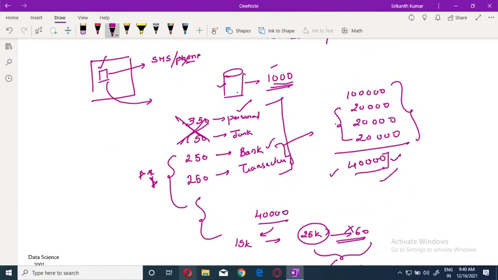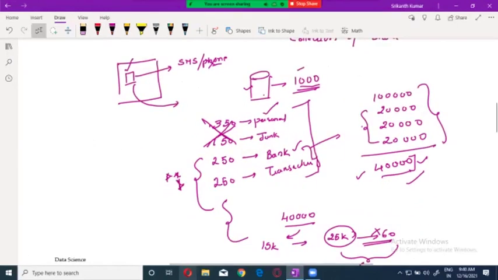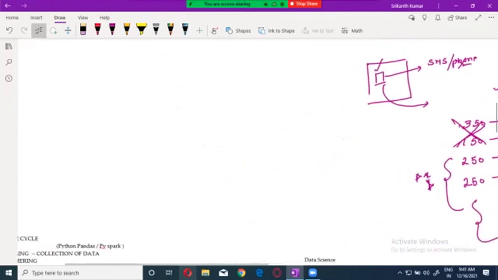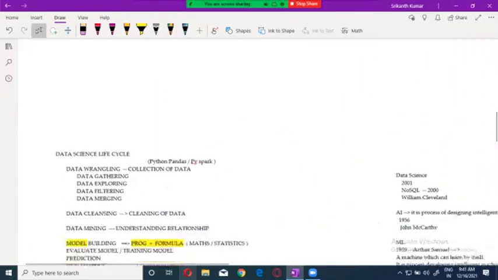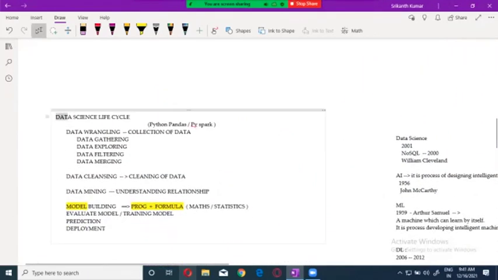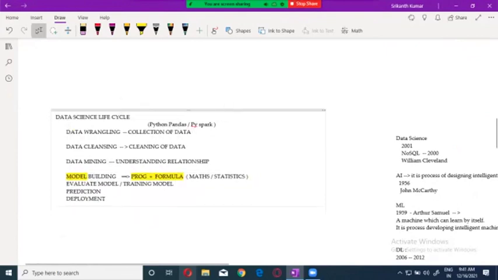This is the process we talked about, and I connected this one to the life cycle of data science. The data science life cycle has these steps. First one is called data wrangling, which is nothing but a process of collecting the data.